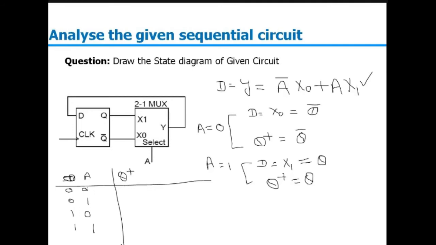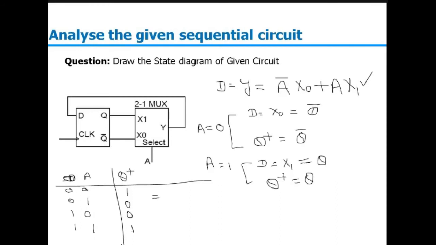So when A is 0, Q plus is equal to Q bar, so this will be 1. When A is 1, it is equal to Q. A is 0, it will be 0, and this will be 1. Right? So this is how we will make the state table.